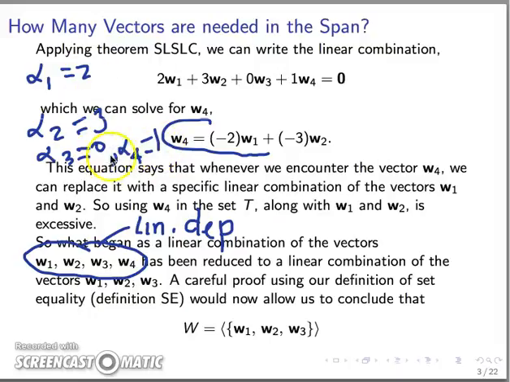So this is a non-trivial set of values for the scalars because at least one of them is not 0. And that leads to satisfying the definition of linear dependence.